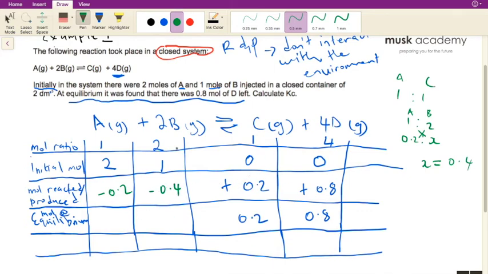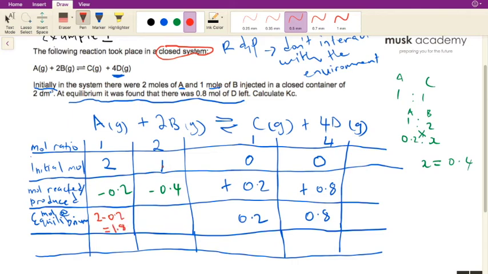So now you have to find the equilibrium number of moles for your reactants, A and B. You started with 2, you react this, then you are left with 2 minus 0.2, which is equal to 1.8.